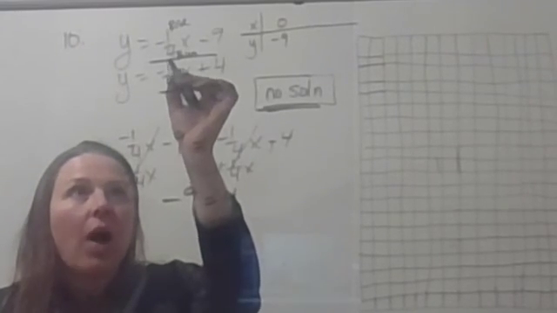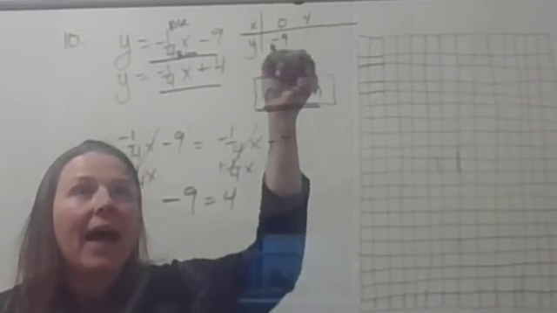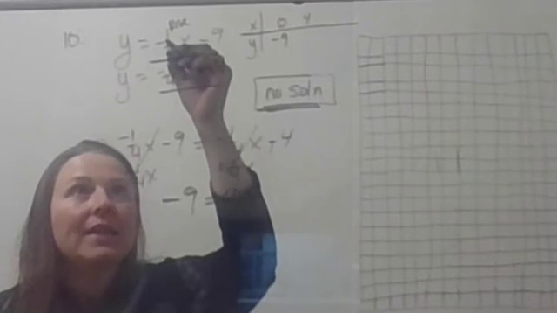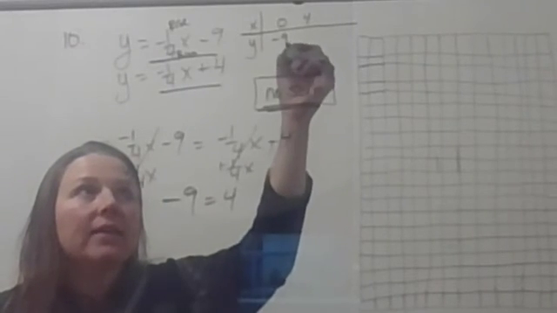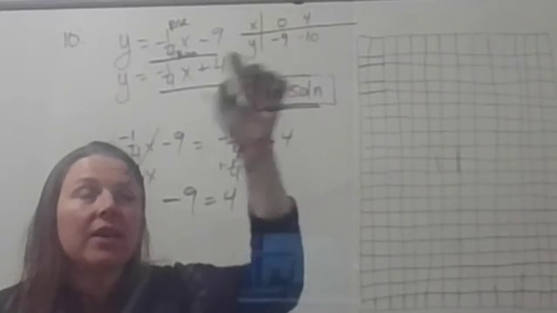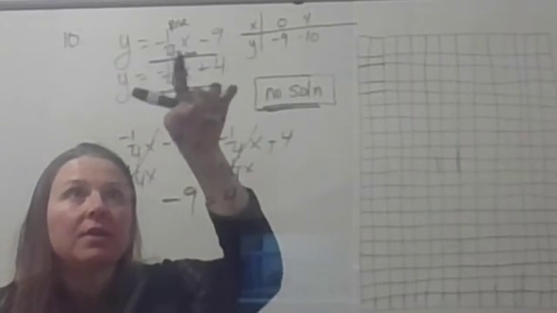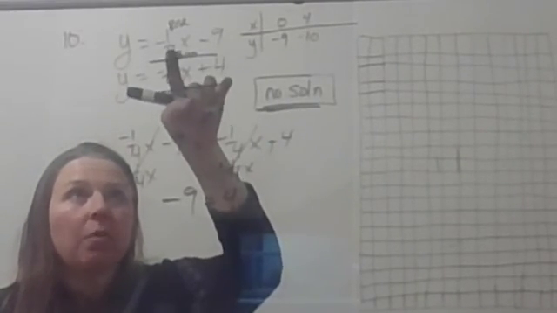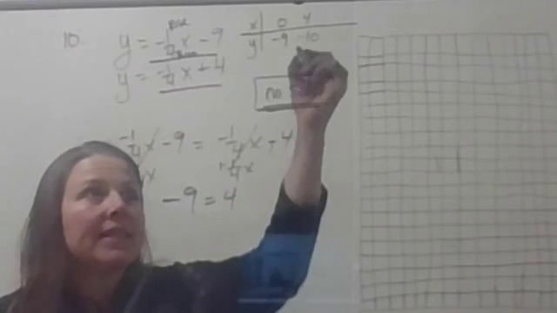So as you go up by 4 in the x, you're going down by 1 in the y. So 4 is going to give you -10, and you can check that. 4 times -1/4 is -1, and -1 minus 9 is -10.